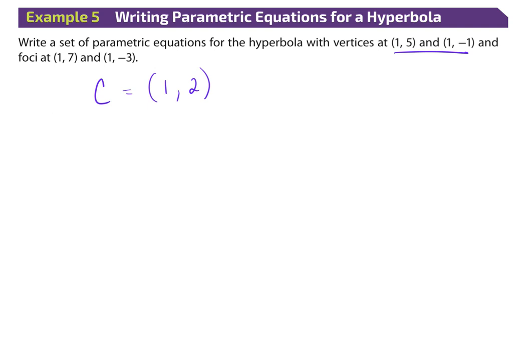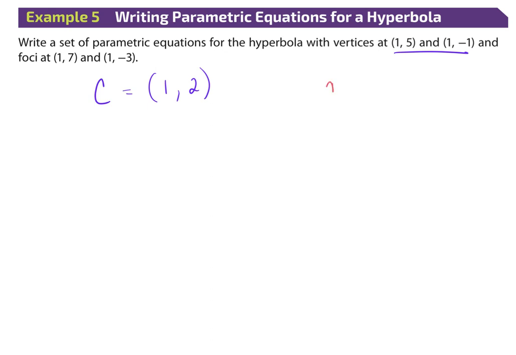The other thing I have to do is figure out my A value and B value, so that I can set up my equations, right? My center is half the battle. I have my H and K, but I do need my A and B to set this up. And so again, you're going to look at how far away from center I am moving. My A value is how far away from center I am moving to my vertices.